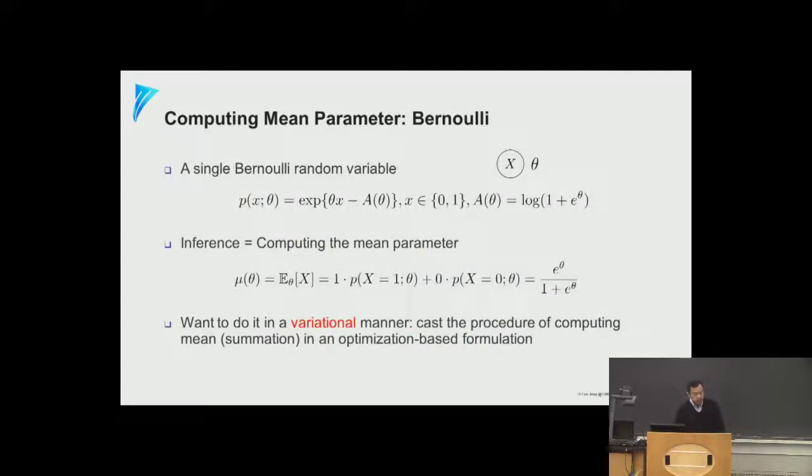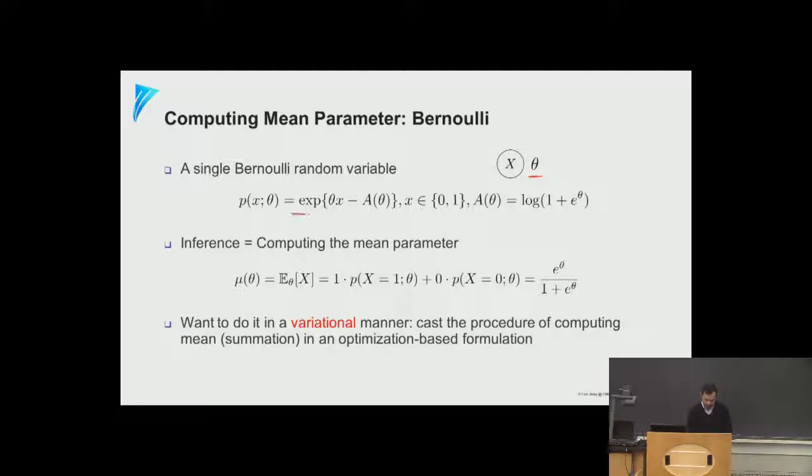So how do we compute the mean parameters? Which is actually an inference problem. It is basically like asking how we can compute singleton marginals or other marginals. Well, in the classical approach, that means we need to do summation, do marginalization, right, or expectation. So we have, for example, in the case of a Bernoulli distribution, theta as our canonical parameter.